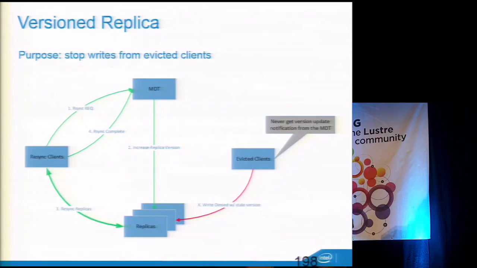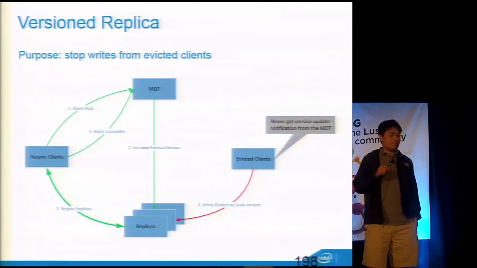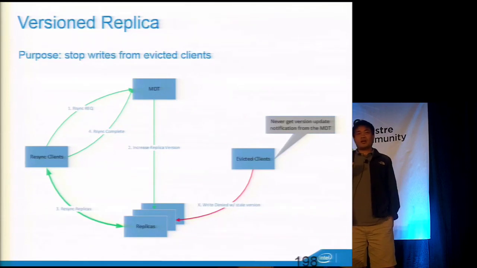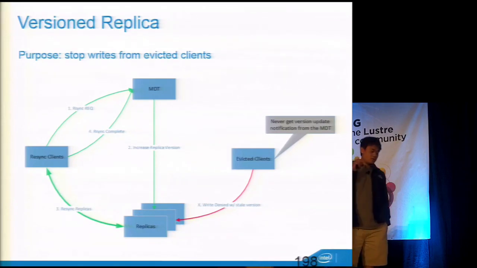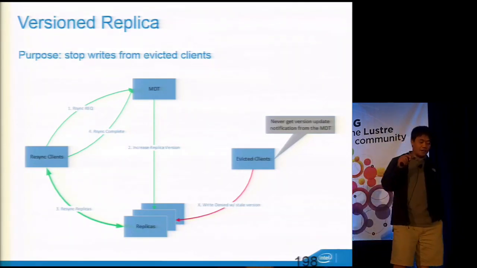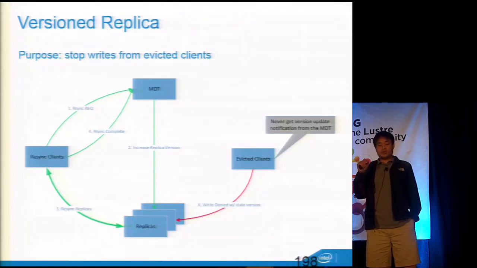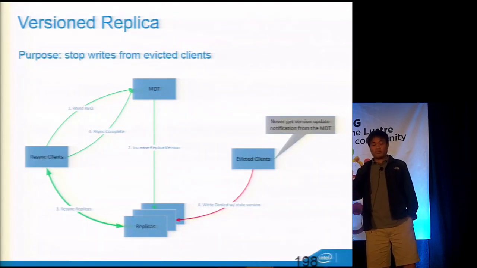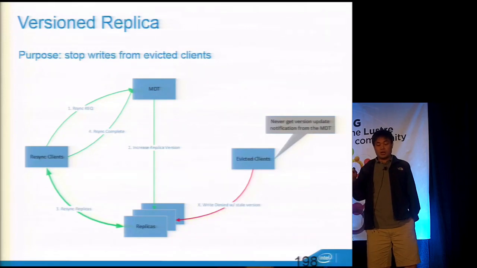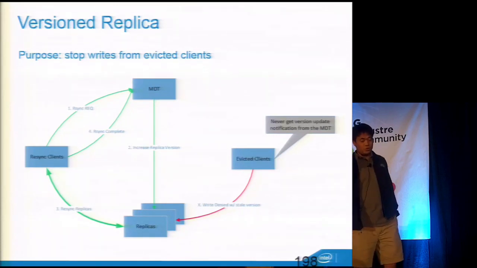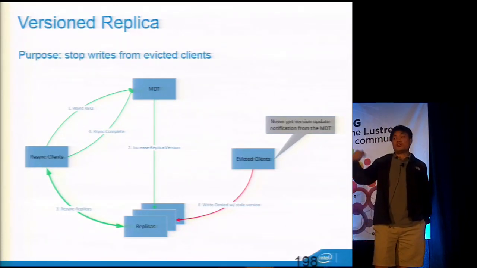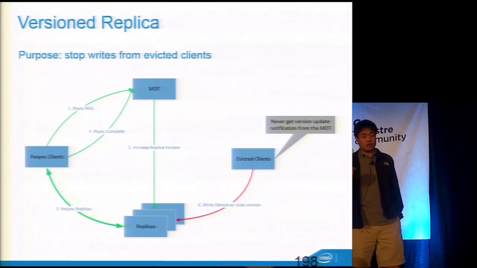Okay, so a version replica is invented to address phantom writers from evicted clients. Essentially, we add a version number to the replicated file on the MDT, and this version number will be transferred to each replica, essentially the OST objects, and stored on permanent disk.